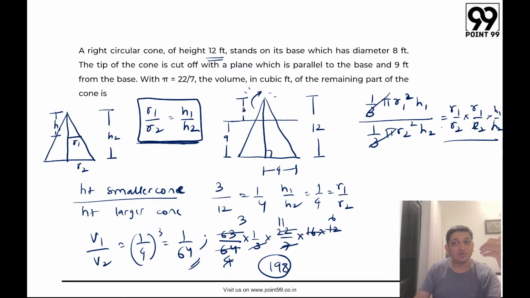So अगर r1/r2 1/4 है, then the volumes of these two will be 1/4 into 1/4 into 1/4. तो 1/4 क्यूब डायरेक्टली अपने को मिल जाएगा, which means that the smaller cone was 1/64th the volume of the larger cone, which means that the remaining frustum is 63/64 times the volume of the larger cone. That's it. And then you have to just plug in the values and do it.